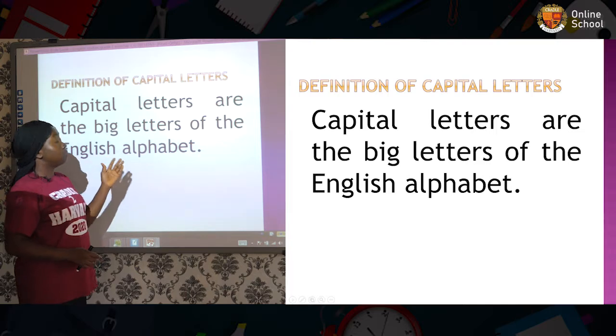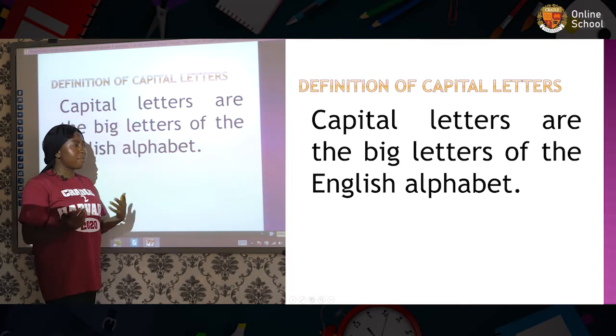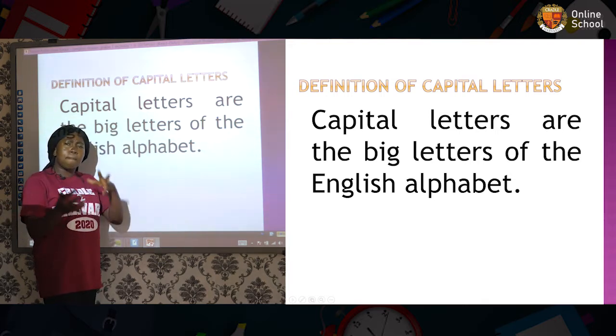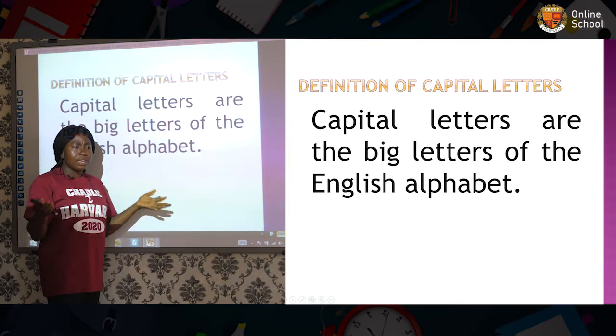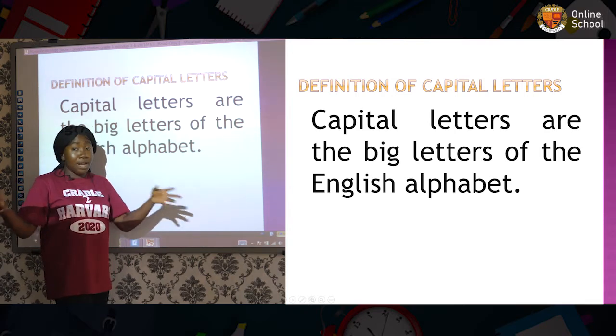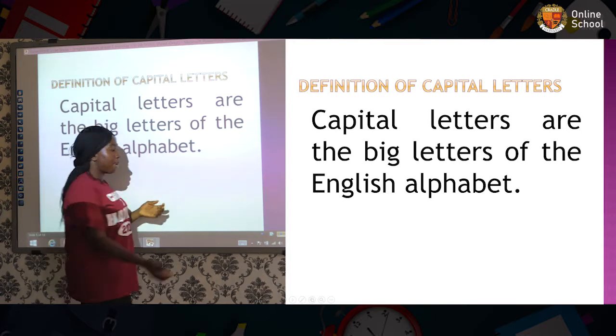Then we have the definition of capital letter. Capital letters are simple letters, they are the big letters of the alphabet. There is nothing so special about the capital letter, just the big letters of the alphabet.